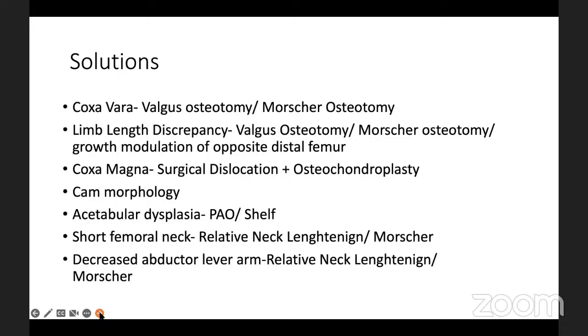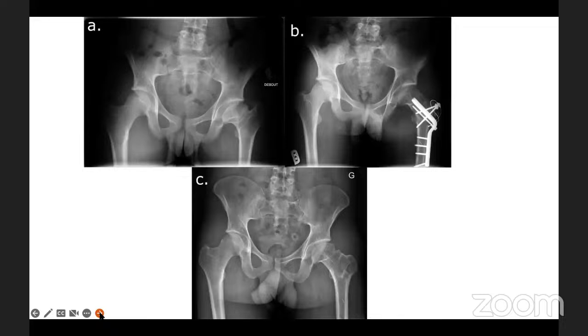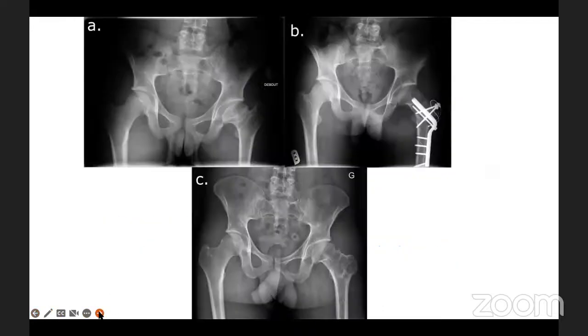to try to address everything in a single procedure, my plan would be to go for a Morscher osteotomy through a safe surgical dislocation approach. And so this helps us in addressing both the intra-articular and extra-articular problems. This is the X-ray, not our X-ray, not the X-ray given to me, but the X-ray from the article I showed earlier.